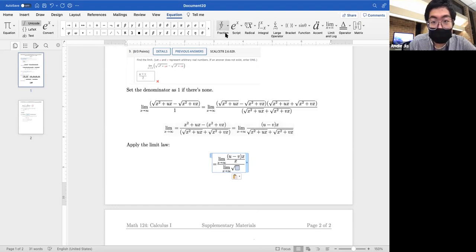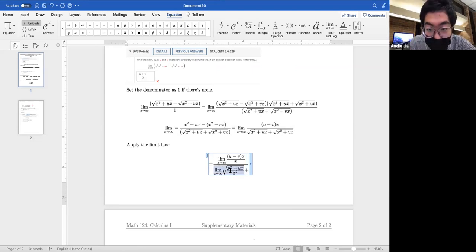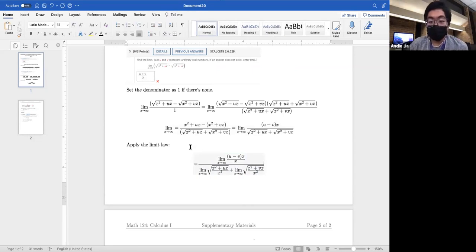The x squared is the highest power, so divide everything by the highest power. In this case, the numerator is just u minus v because it's going to be 1.